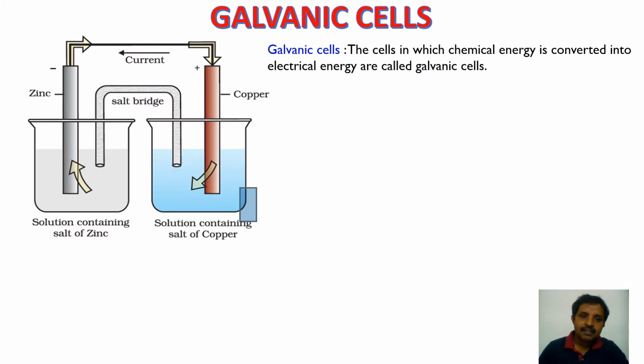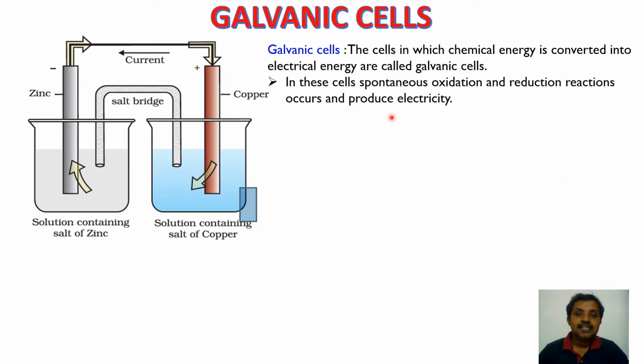By means of a chemical reaction, electricity is generated. What type of chemical reaction? A redox reaction, taking place in a device which generates electrical energy.